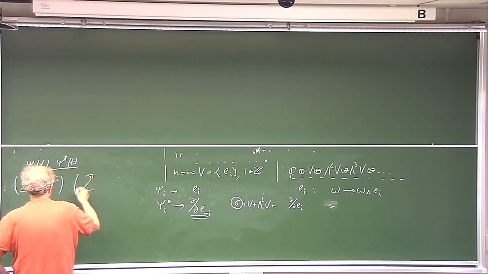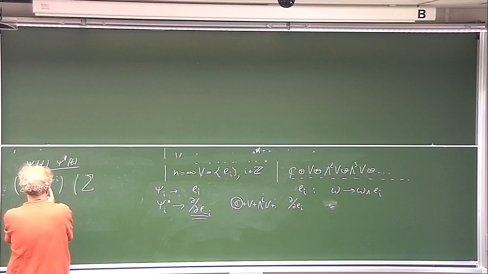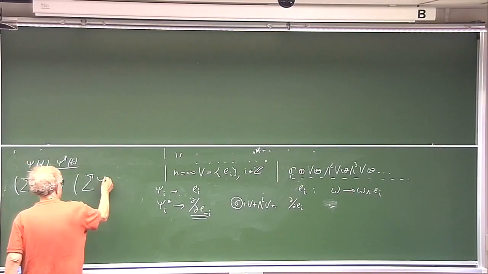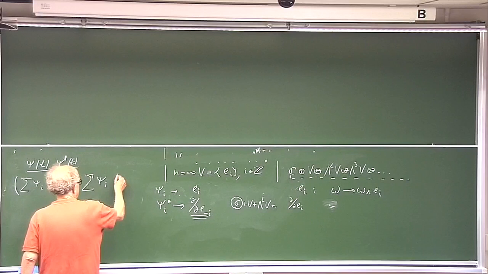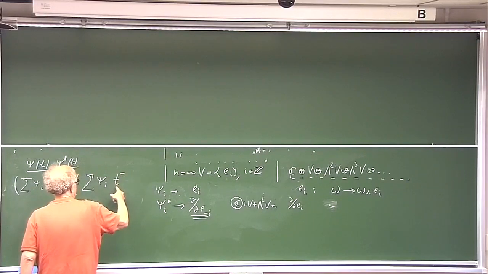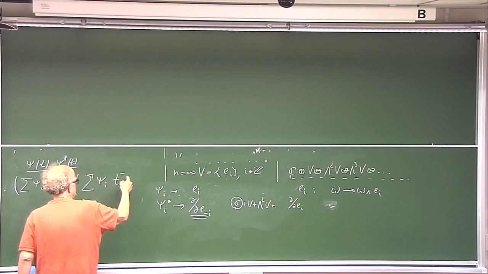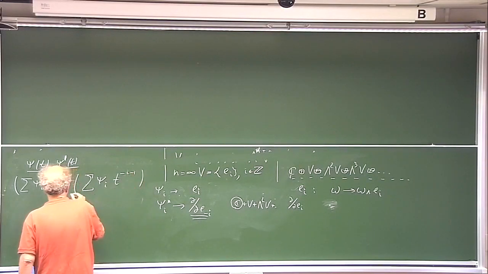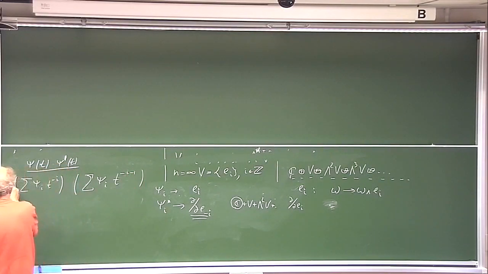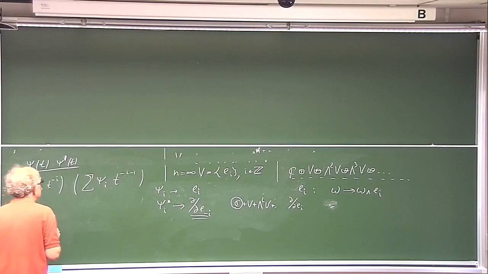Again, naively I have to differentiate this, and it gives me psi_i, and here I have t. Now, if I differentiate this, it gives me t^{-i-1}, and we have minus i here.